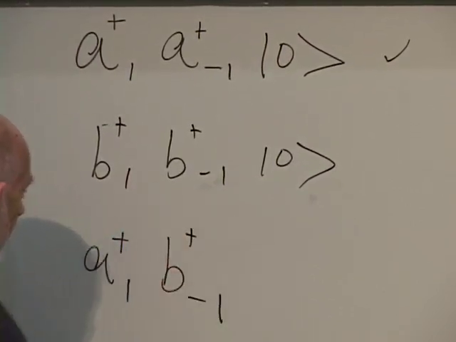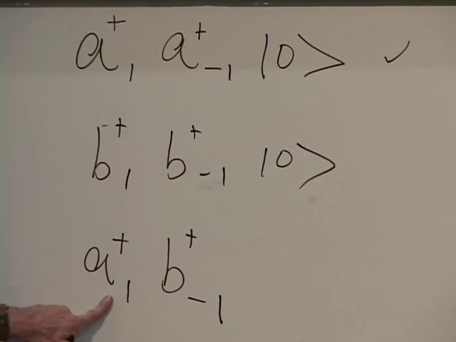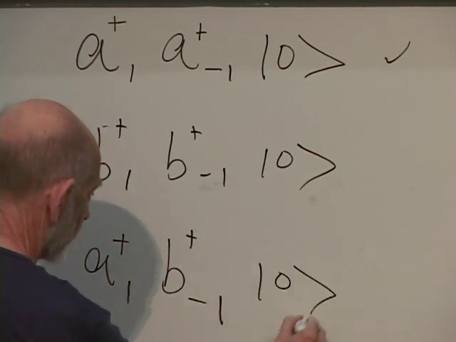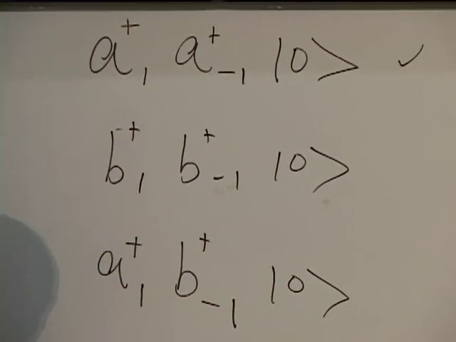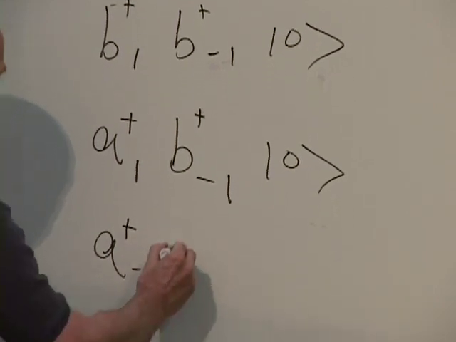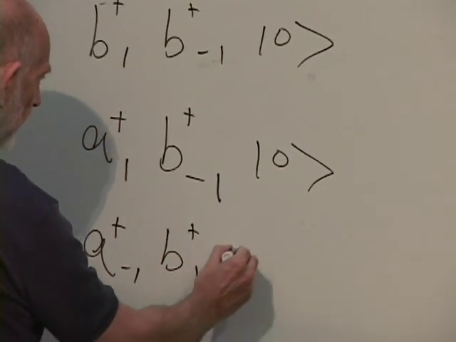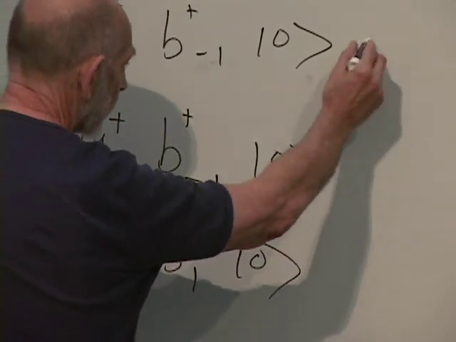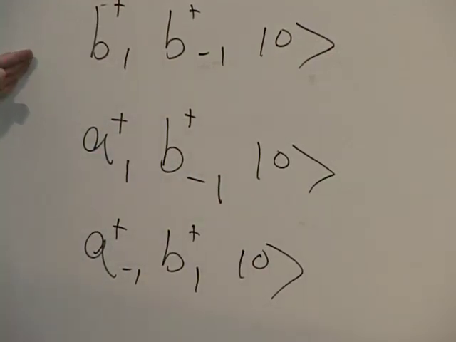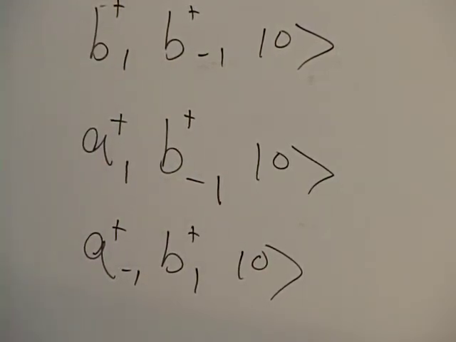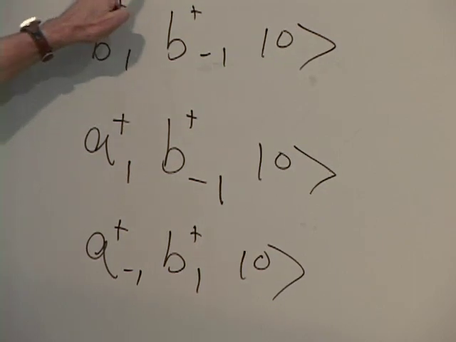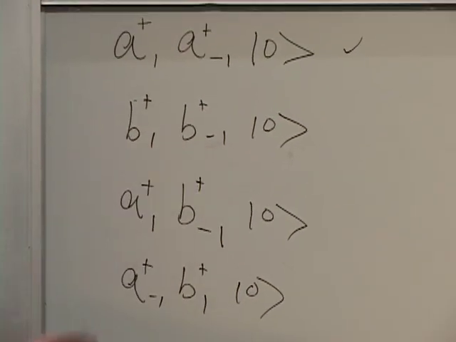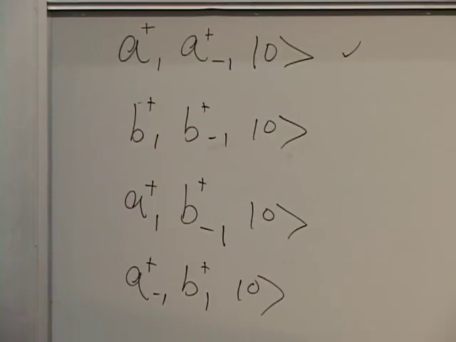A right-moving bit of energy and a left-moving bit of energy. This is also a good state. And what about A plus minus 1, B plus 1? Also good, as long as they're matched, 1 and minus 1. All of these have 2 units of energy because they have 2 oscillators of the first frequency. Now, is there anything else with the same energy?